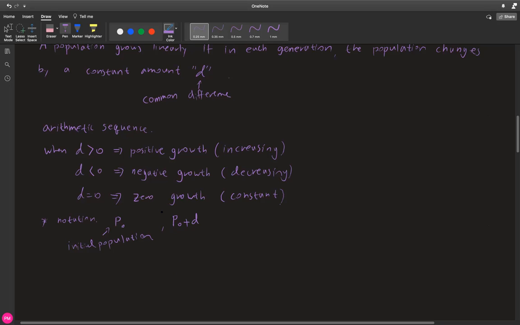So after one generation, it either increased, decreased, or it could just be constant. But we added a common difference here, so we now call this the population after one generation.